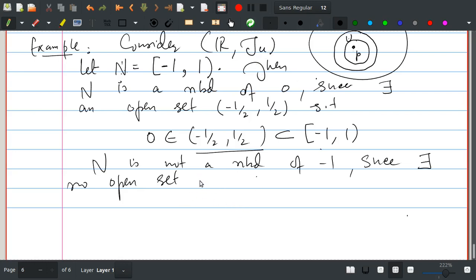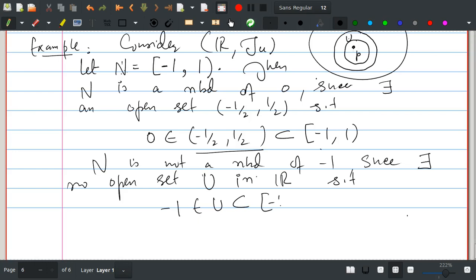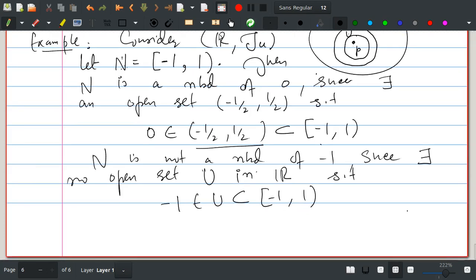So there exists no open set U in R such that -1 is in U and U is contained in this interval. So N is not a neighborhood of this point.